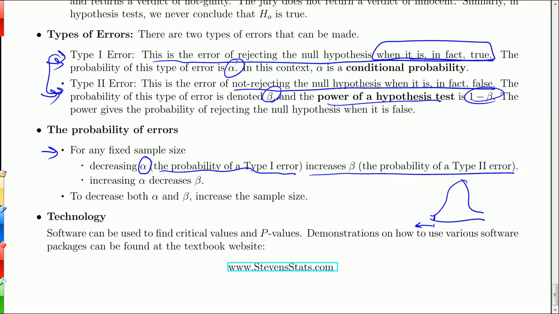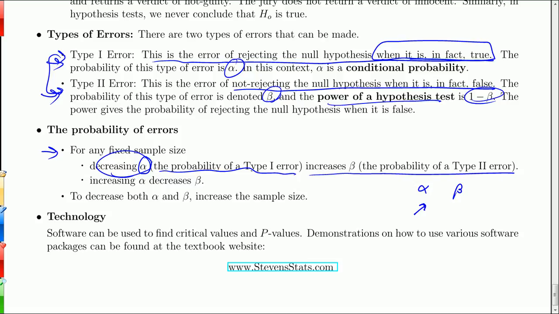Then you have a much higher chance of having a test statistic, say, wind up over here, and you're not rejecting the null hypothesis when you maybe should. And if you increase alpha, beta goes down. So the relationship looks like this between alpha and beta.